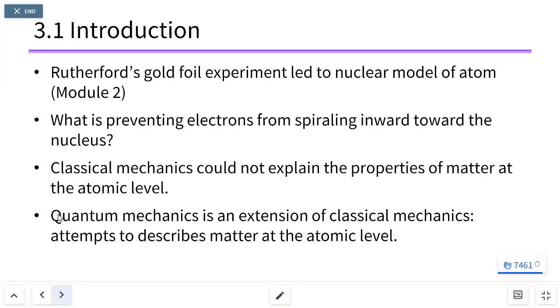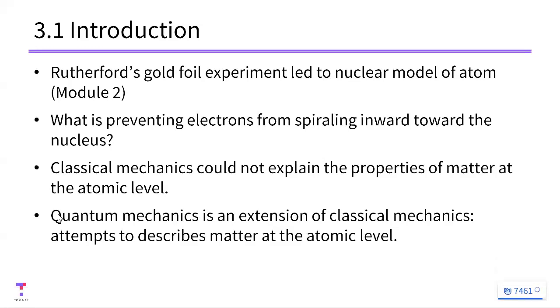So let's start here with where we are and where we were. At the end of module 2, we had the gold foil experiment and the nuclear model of the atom. Remember, the gold foil experiment proved that there was a nucleus.